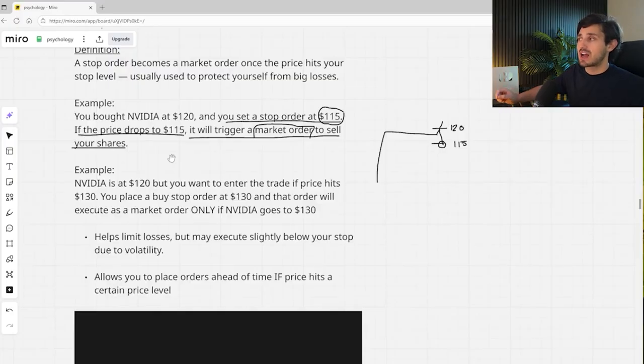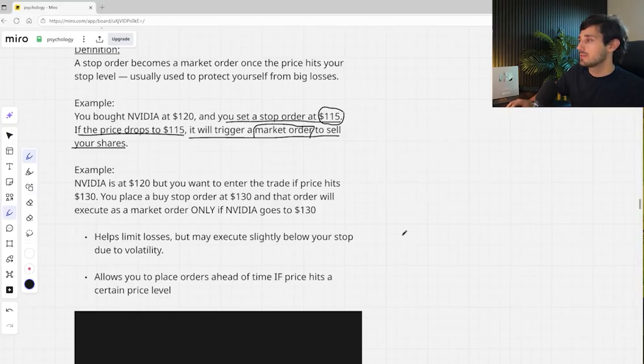So let's go over another example. You could also place stop orders when you want to enter into a trade. So let's say NVIDIA is at $120. Okay, let's erase this example. Let's say NVIDIA is already at $120 right here. Okay, but you want to enter the trade if the price hits 130. Meaning, let's say it's at 120. You don't want to get in at 120.